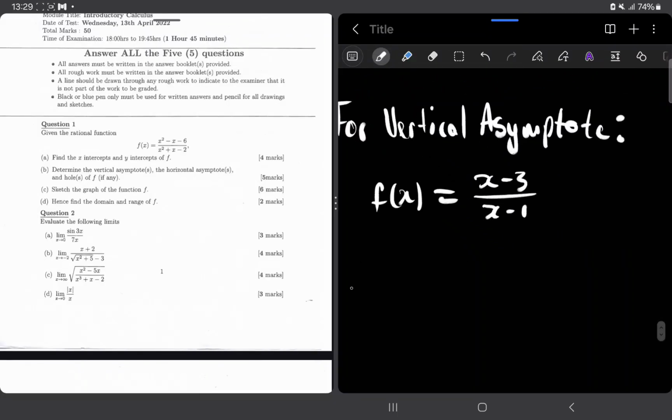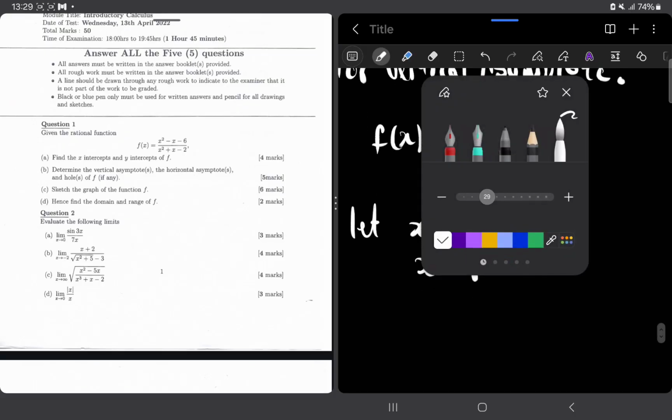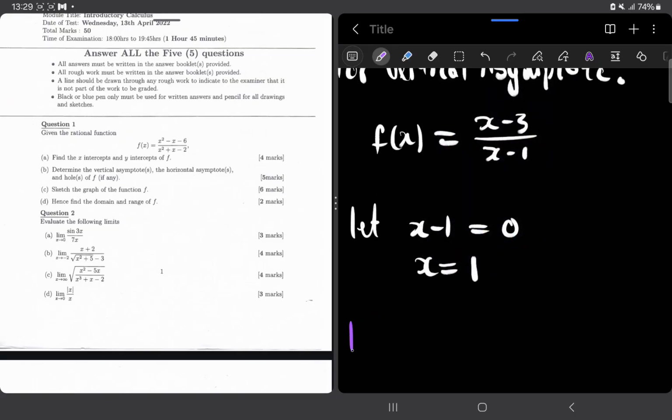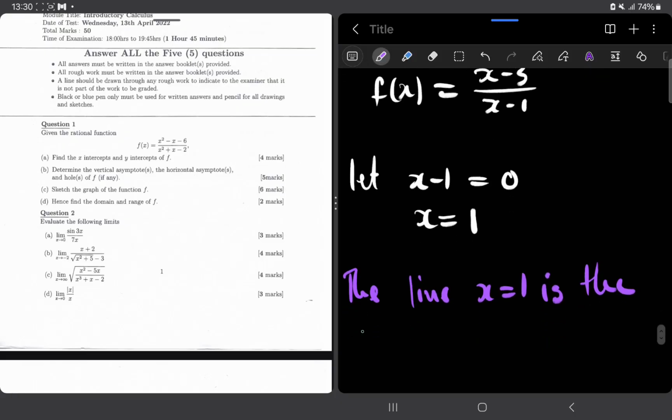You can now say let x minus 1 equal to 0. And if you go to the other side, you get x equal to positive 1. And remember, asymptotes are lines, so you can already say the line x equal to 1 is the vertical asymptote.